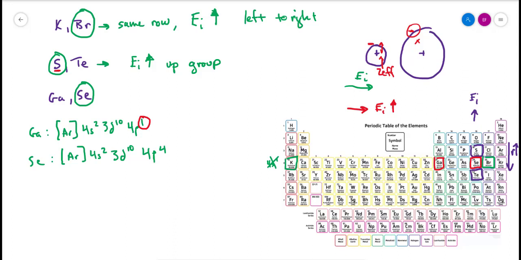And if we yank it from selenium, we're going to grab it from here, and that's going to get rid of this whole 4p subshell. That's a pretty net stabilizing force. In this case, this is going to result in a 4p3, which is still a half-filled shell, but that's going to be less stabilizing than just getting rid of that shell entirely. And so either way we want to rationalize it, the selenium is going to have the higher ionization energy.